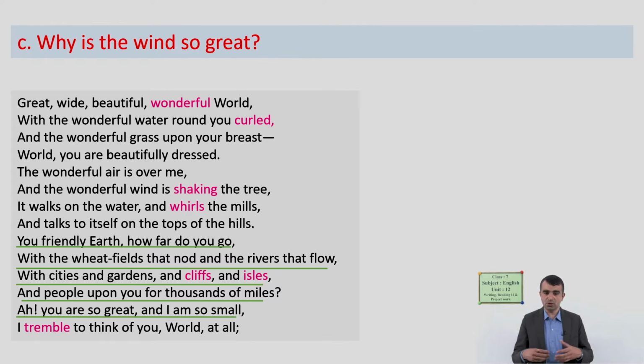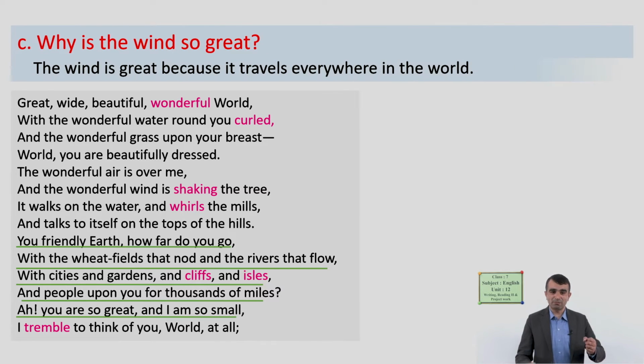You are so great and I am so small. So here, why is it so great now? Well, it's so great because it travels everywhere in the world. It travels wide, doesn't it? Okay.